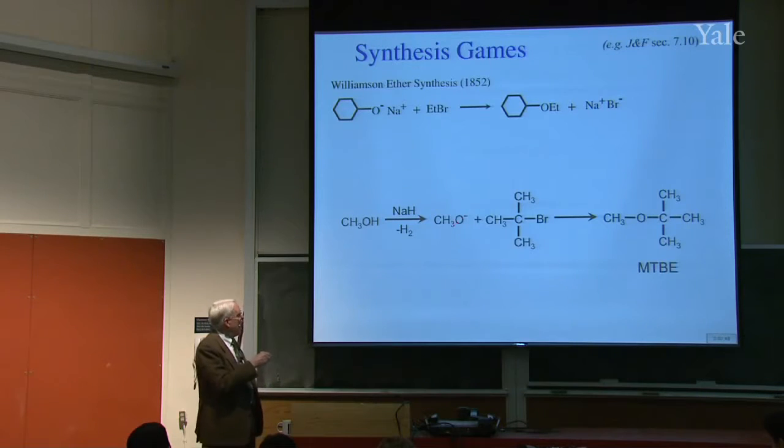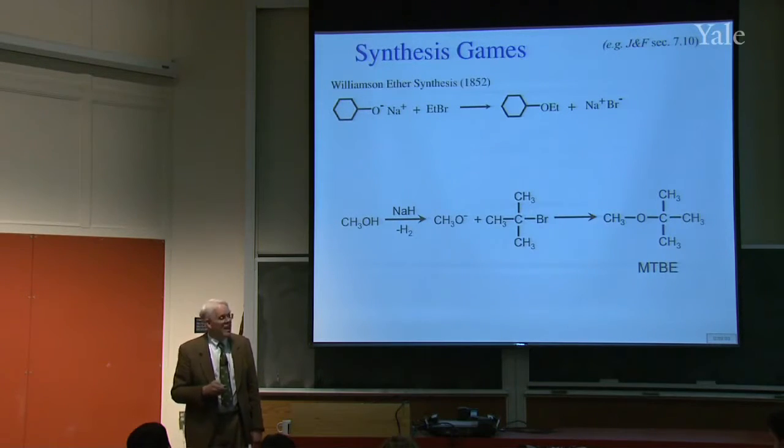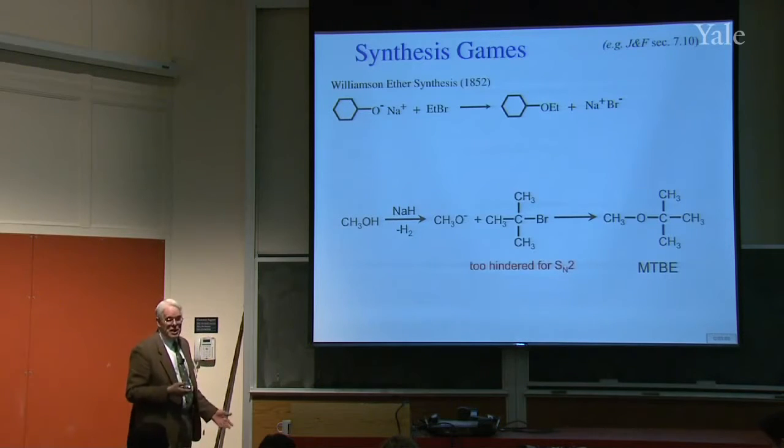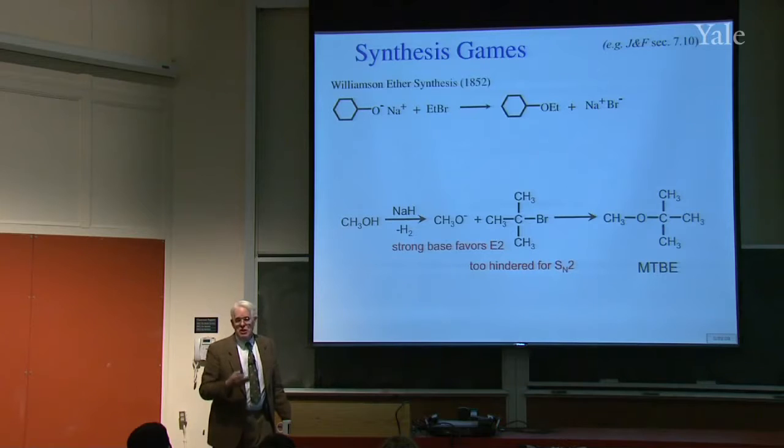That if you have an anion, or a nucleophile, that's even better as a base at taking hydrogen. So here we have the worst of all possible worlds. We have something that wants to take hydrogen and something that doesn't want to be attacked at the carbon, right? So you get elimination. It's too hindered for SN2, and the strong base favors E2. So all you get is the double bond compound. You don't get methyl t-butyl ether.